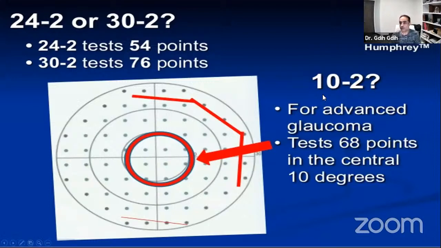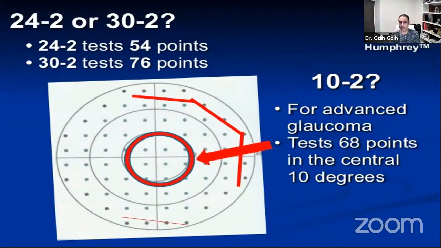We use 10-2 when we have advanced glaucoma and a central island that's left, or if you're testing something more central, like screening for plaquenil maculopathy, where you want more information about the center than the periphery.